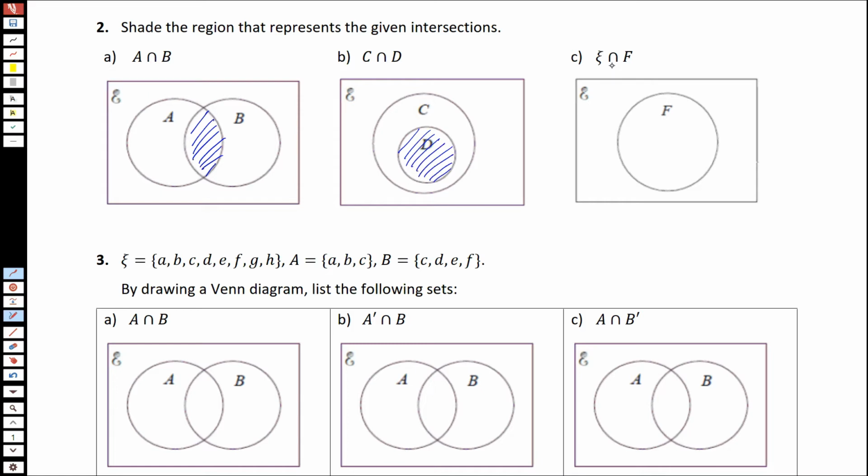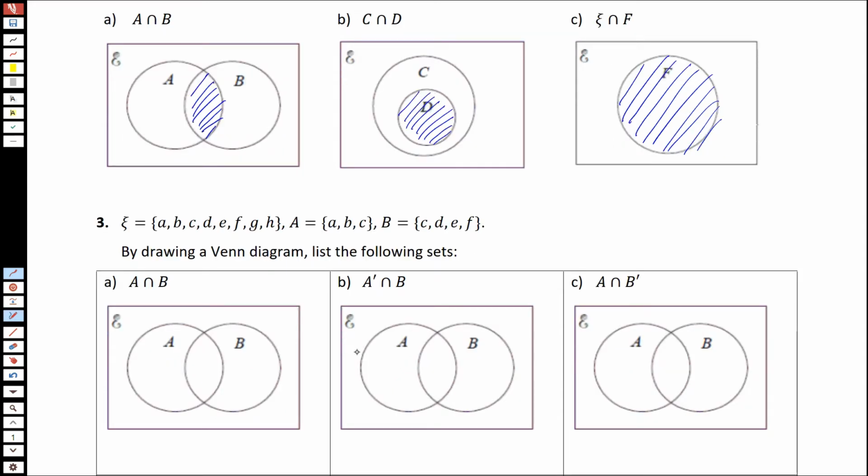And the common elements in everything that's considered and F will just be F, because everything in F is in the rectangle. Of course, you can see F is in the rectangle. So this will be the required region, or what represents what's common in these two sets.